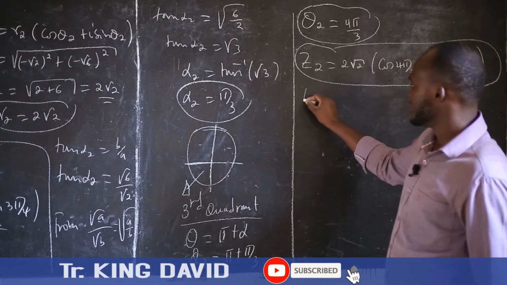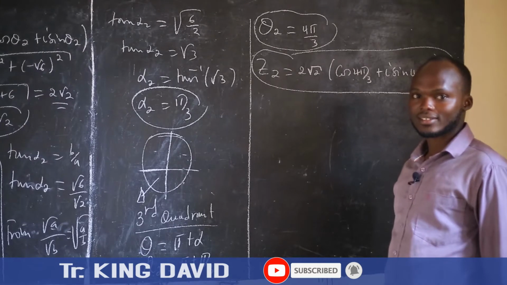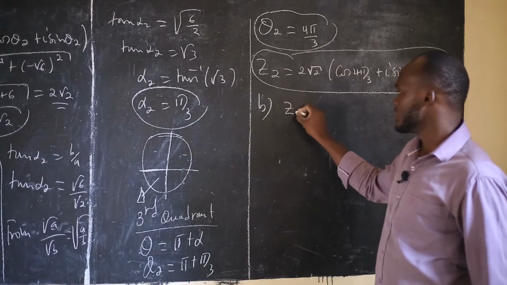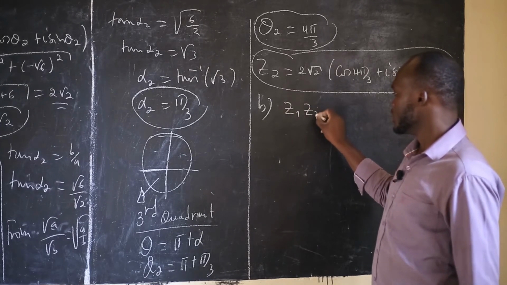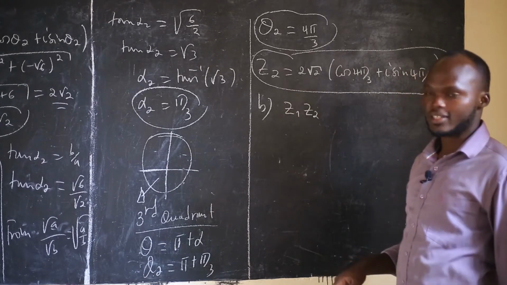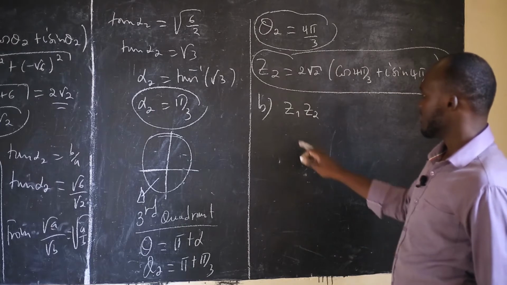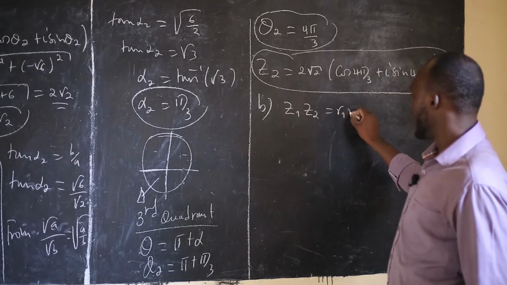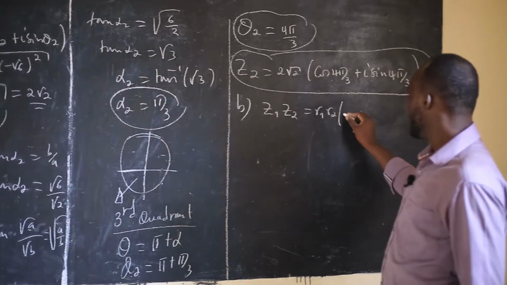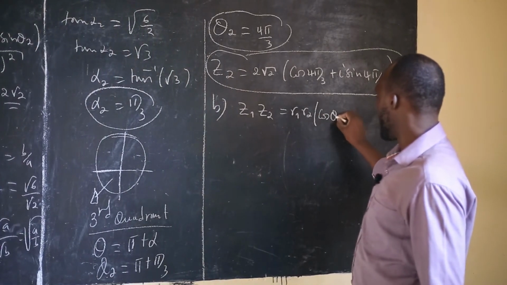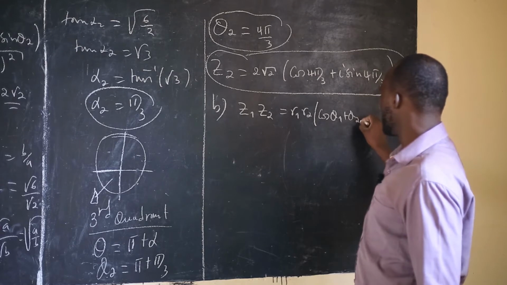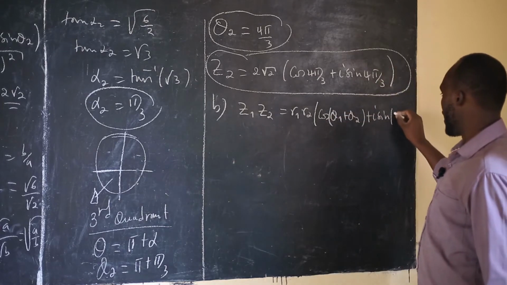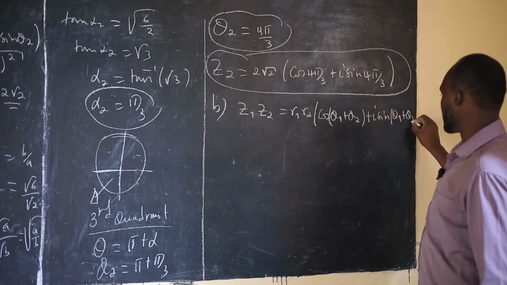So b. Now b is asking to write z1 times z2 in polar form and Cartesian form. So what do you do when you have z1 times z2? z1 times z2 is r1 r2 into bracket cos of angle 1 plus angle 2 plus i sin of angle 1 plus angle 2.